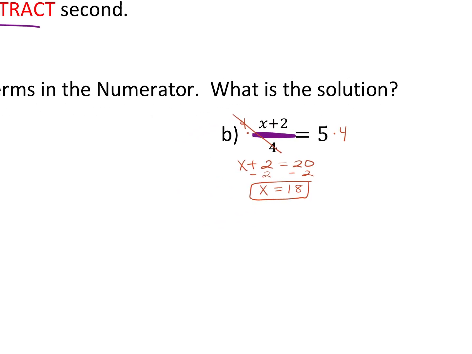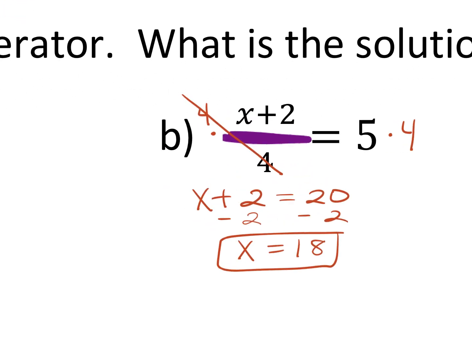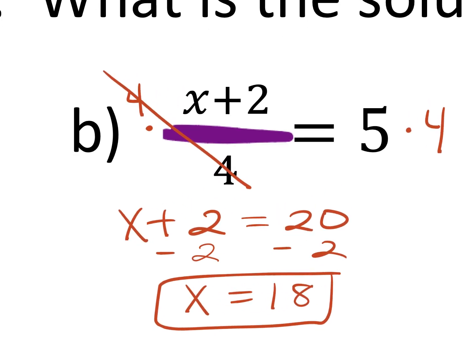Wait, how do you do the beginning part, like the 4 times? So this is saying we're dividing by 4 right now, right? The inverse operation is to multiply by 4. So we multiply by 4 on this side, which is going to reduce this to 1.